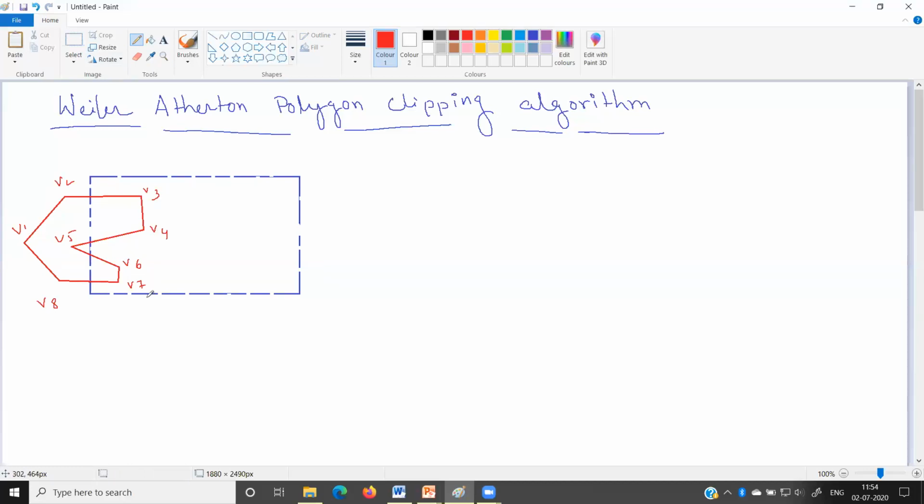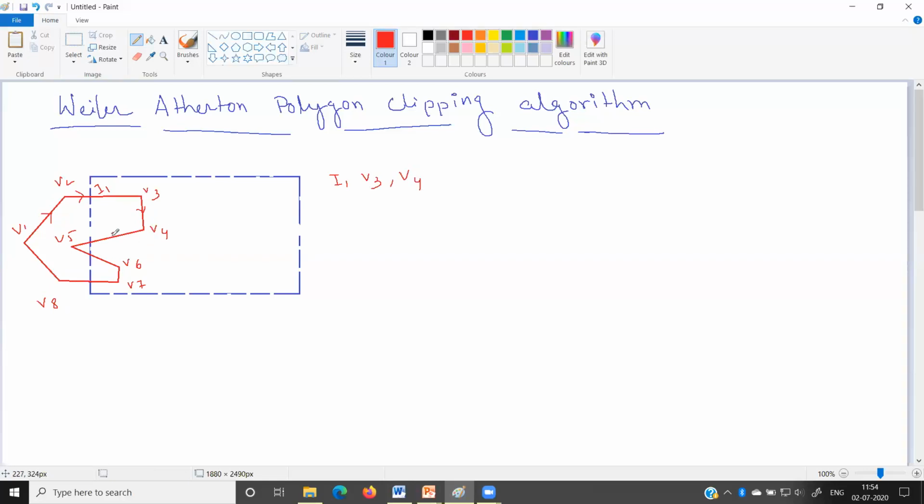Now, while you are moving in clockwise direction, that is from v1 to v2, both points are outside. We don't need to save. While you are moving from v2 to v3, there is an intersection point I1. So I need to store only that intersection point. So the points which I need to store are I1 and v3. Then while we are moving from v3 to v4, both points are inside. So I need to store v4 only.